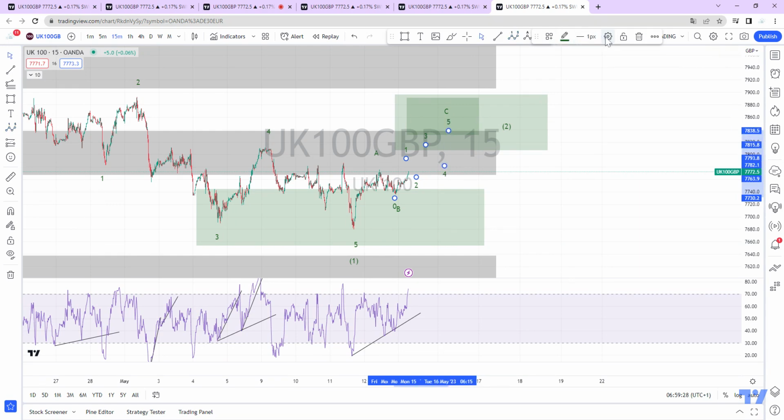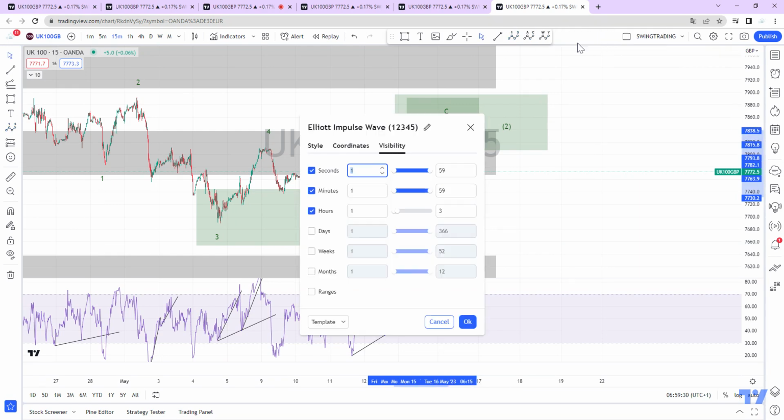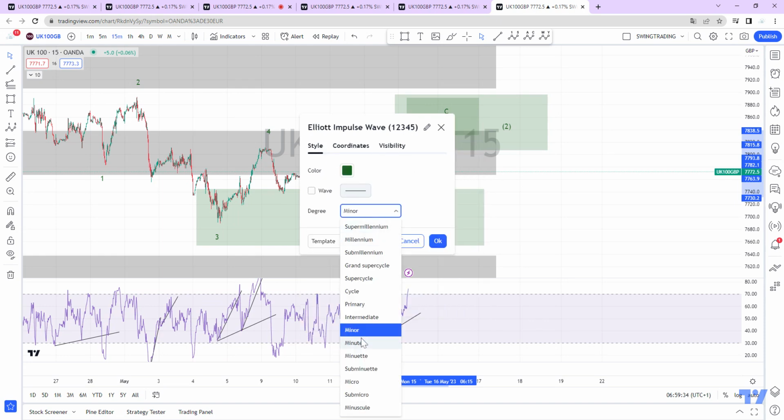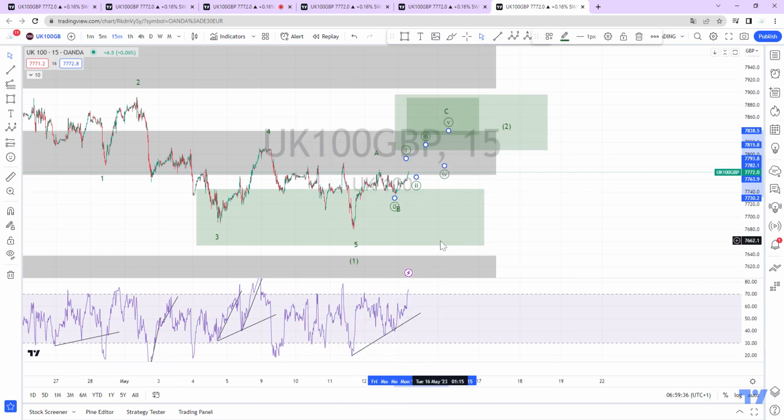So let me, let's throw it like this. What I would like to see is 5 swings up that end here with divergence in your RSI. If I see this, this might also be a good place to enter a short.